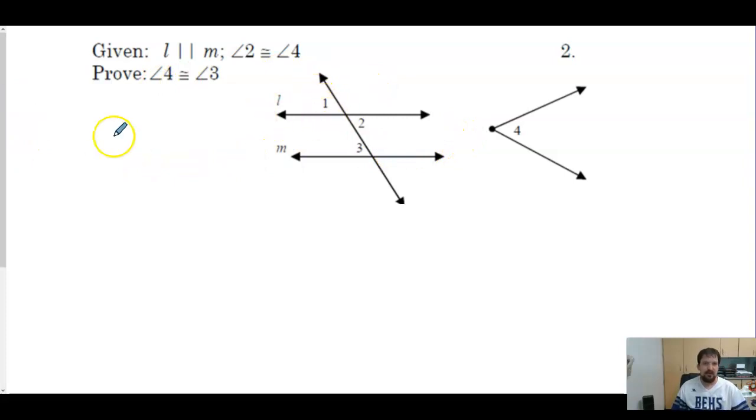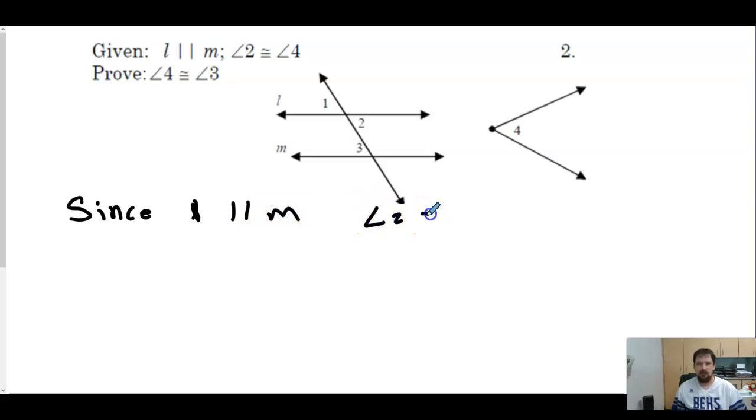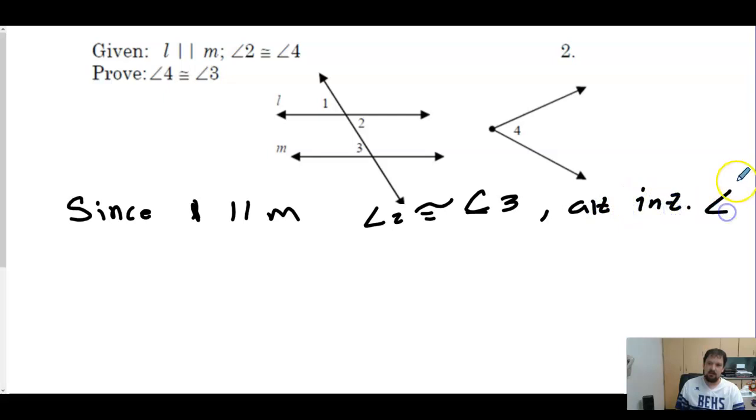So, we're going to say, since L is parallel to M, angle 2 is congruent to angle 3 because they are alternate interior angles.